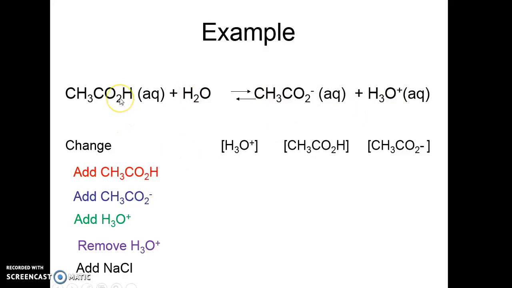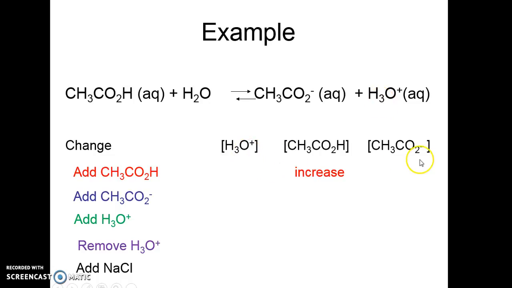So I add acetic acid, and as a result, the concentration of that is going to increase because I'm adding some. Now, what happens in response, a little bit of that extra is used up to react with water, okay? And then more of these two are made.